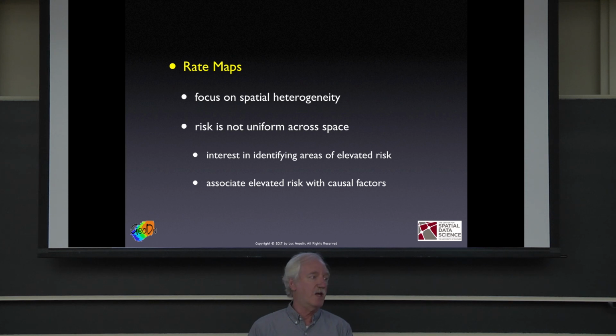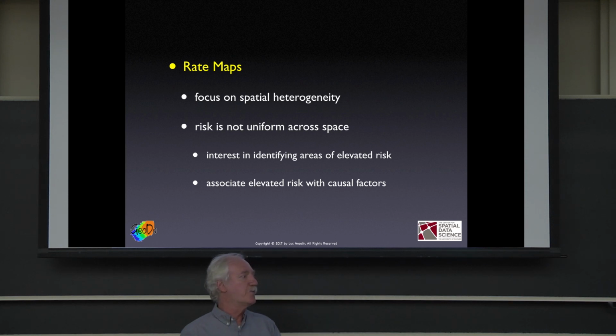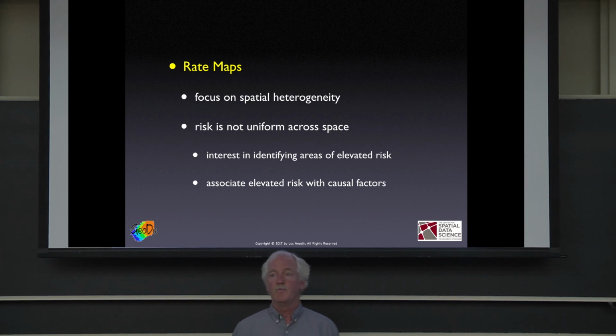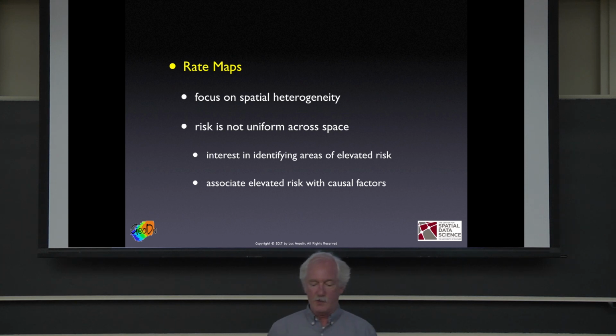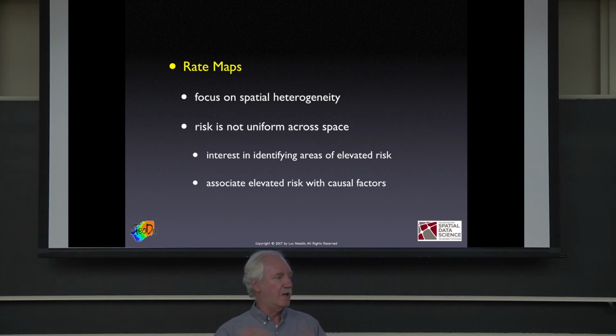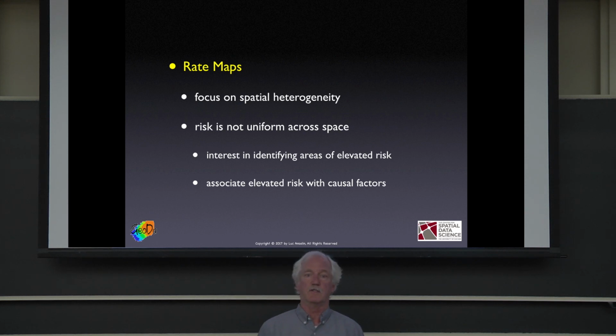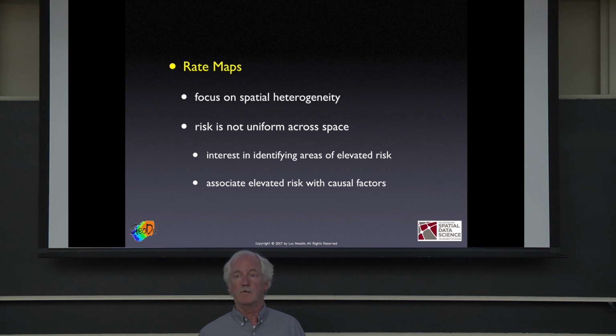Before you can start understanding why this is the case, or start understanding some of the causal factors behind this, you have to identify that the risk is not uniform. And so you have to, in a nutshell, make maps of the risk and then identify locations that, in some sense, might have an elevated risk or a below average risk. So that's what it's all about, right?